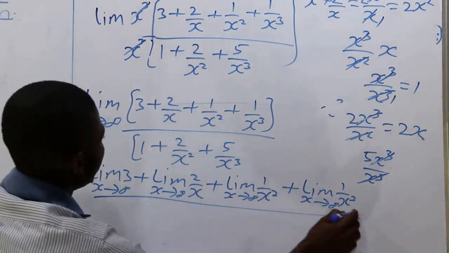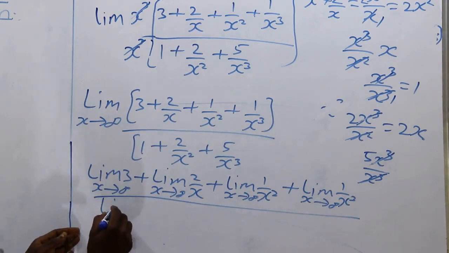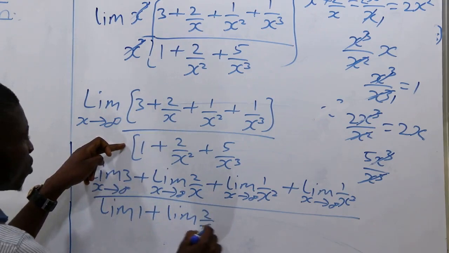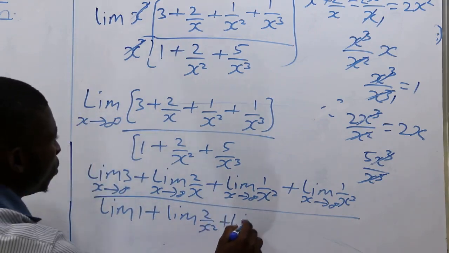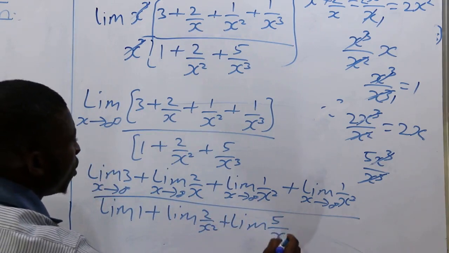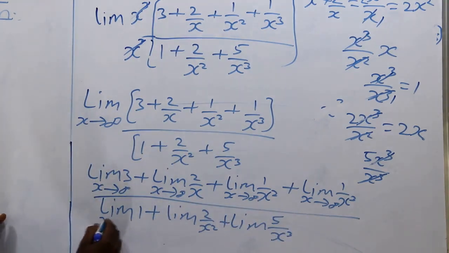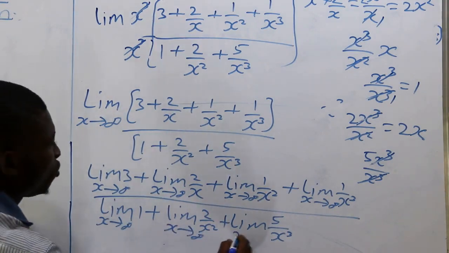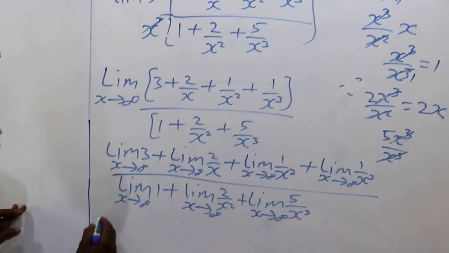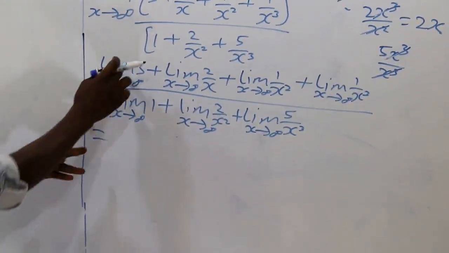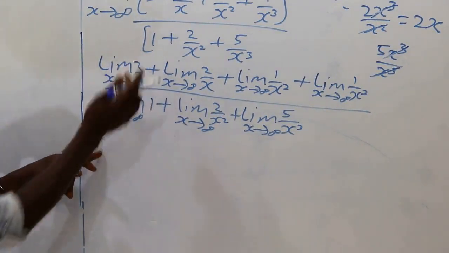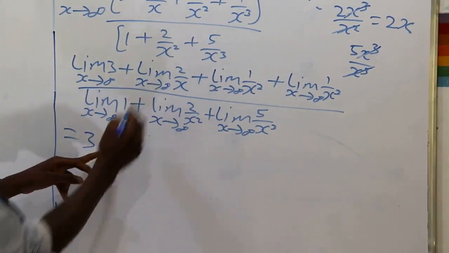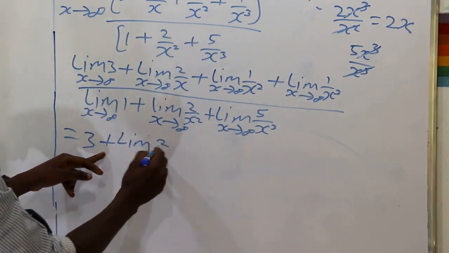Now, divided by lim 1 plus lim 2 over x squared plus lim 5 over x to the power 3, where x tends to infinity. Now, these are our first properties of limit. Lim 3 is 3, plus lim 2 over x, where x tends to infinity.